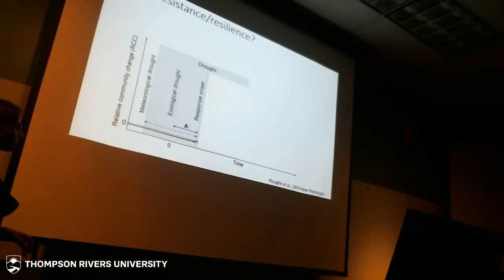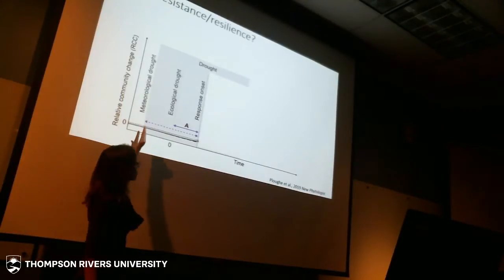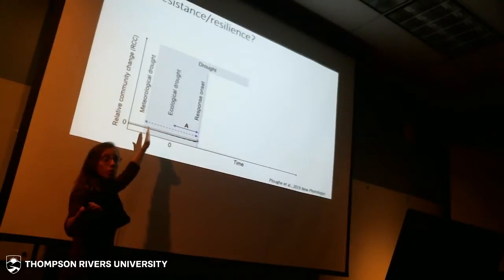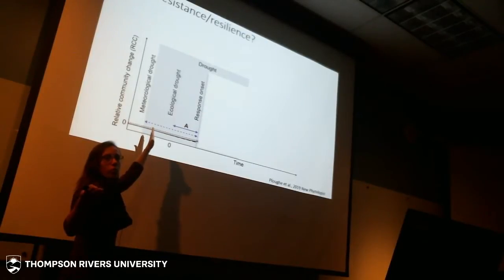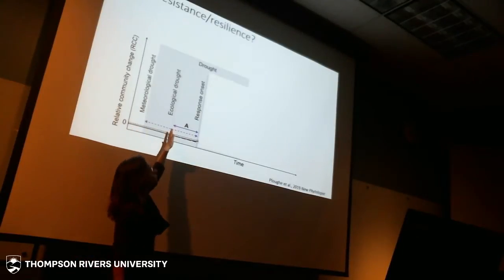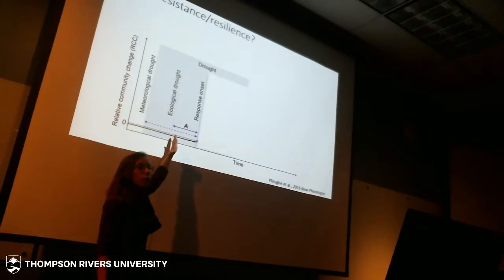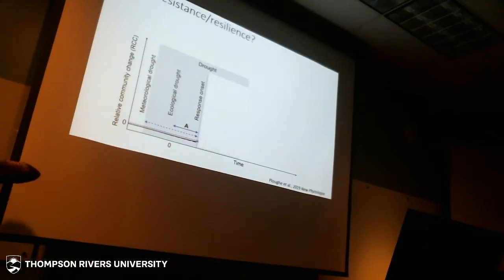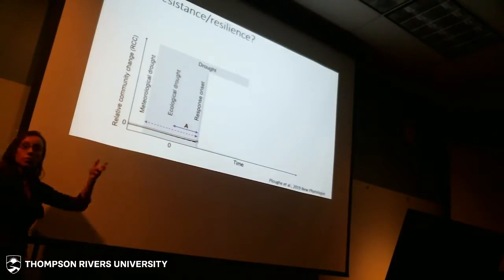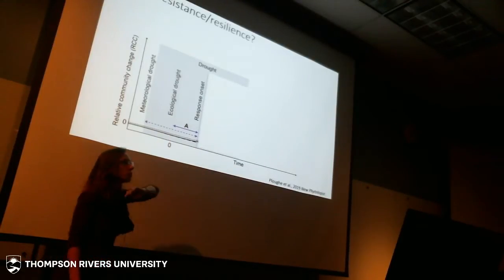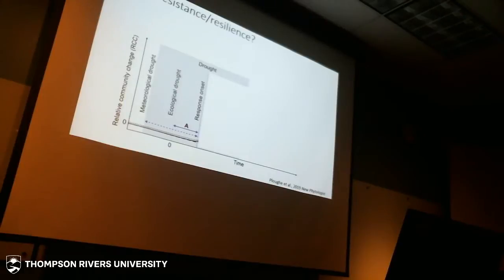And then a meteorological drought occurs, so there's no rainfall for a prolonged period of time. It's going to be some time before the plants physiologically respond to that drought, when the abiotic conditions become so stressful that the plants must do something to either survive or not. And then there's going to be a response.